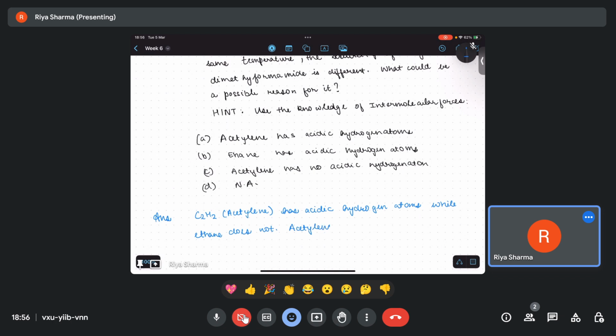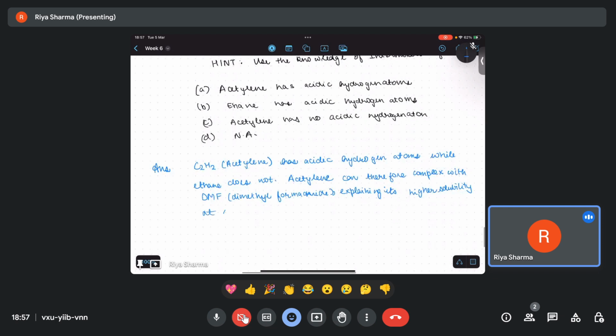Acetylene can therefore complex with DMF, this is dimethyl formamide, explaining its higher solubility at the same temperature.